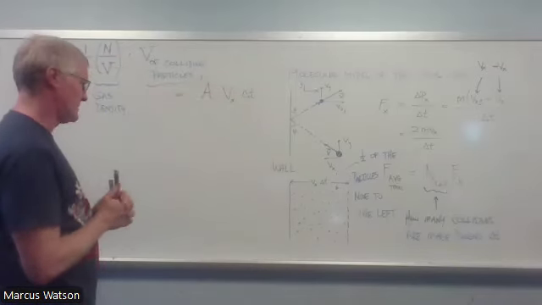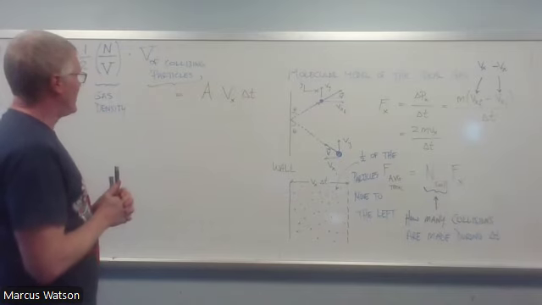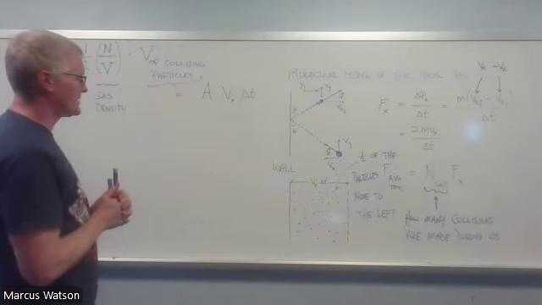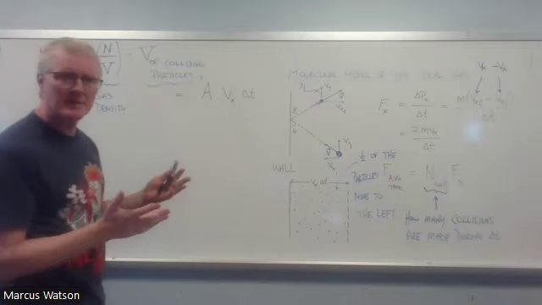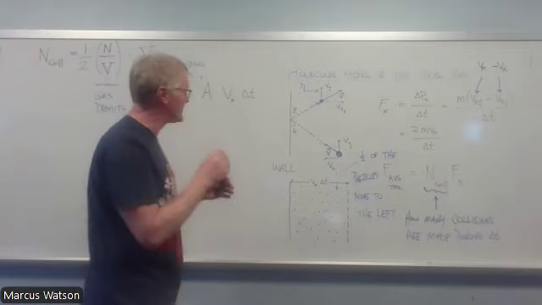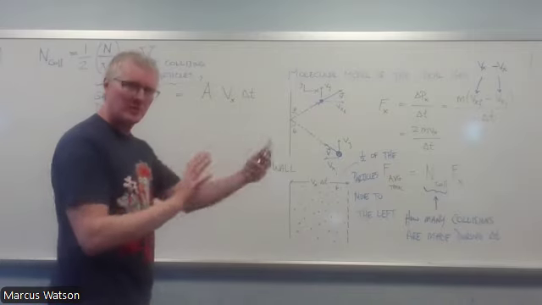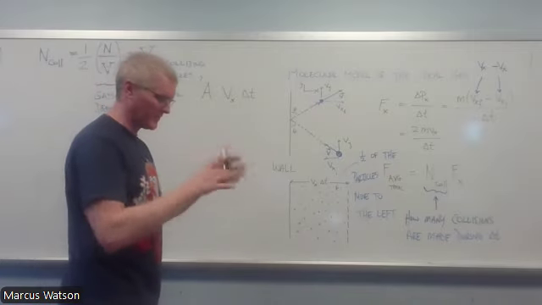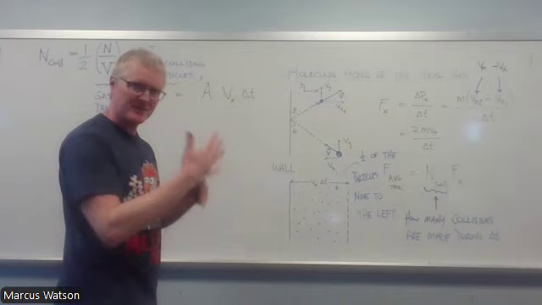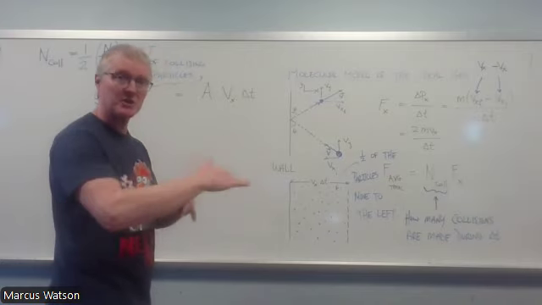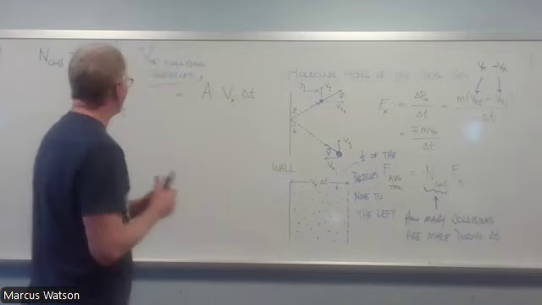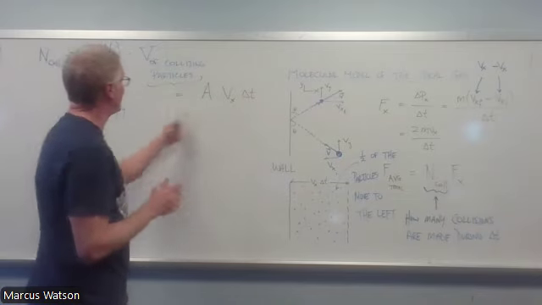We'll go ahead and assume that this is a cube. Maybe it's going to be easier to consider if I have a cube with gas particles in it and I'm looking down this way, that would mean it's the same cross-sectional area on any face. Okay. So this is the volume of colliding particles.